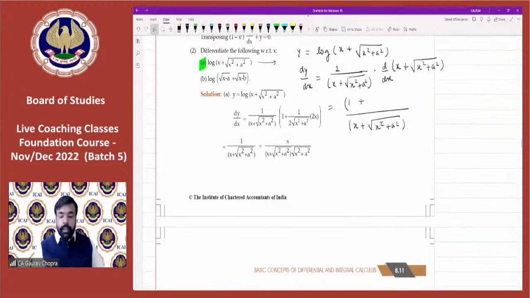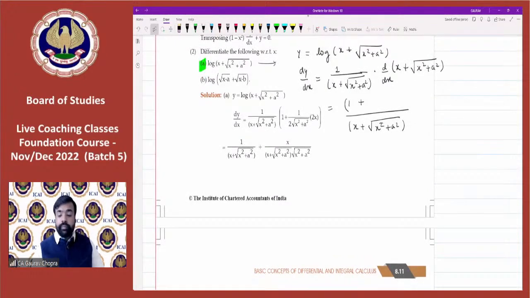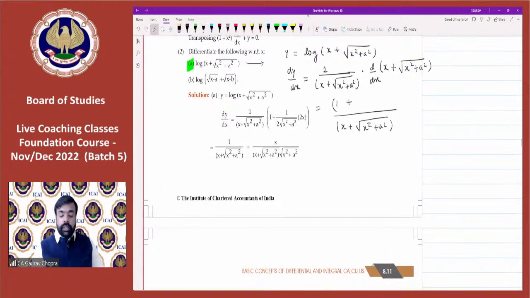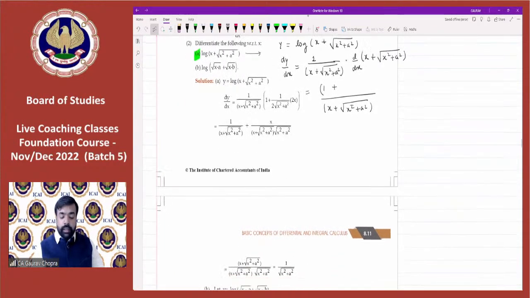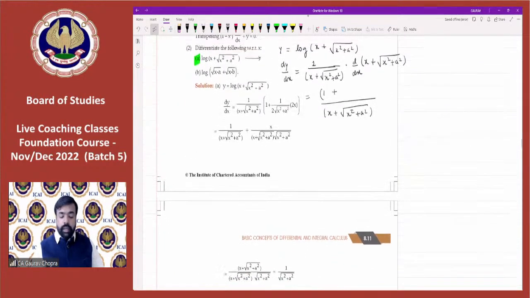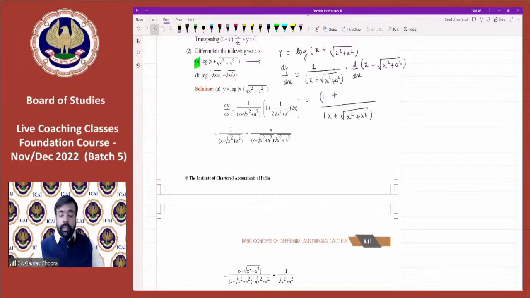We can solve them separately as well. So it will be 1 plus d by dx of root x square plus a square, because again we have a function of another function.